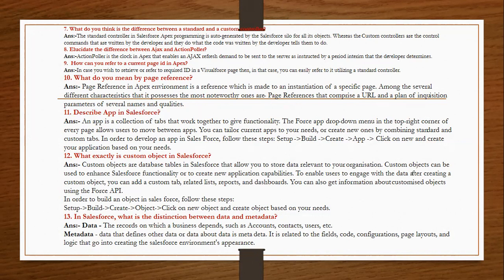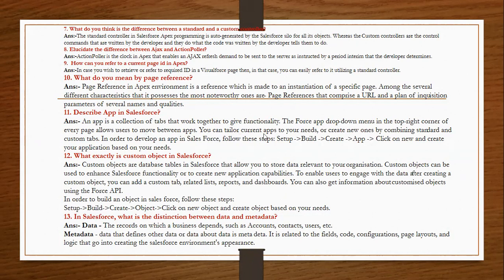Next question is, describe an app in Salesforce. An app is a collection of tabs that work together to give functionality. The app drop-down menu in the top right corner of every page allows users to move between apps.